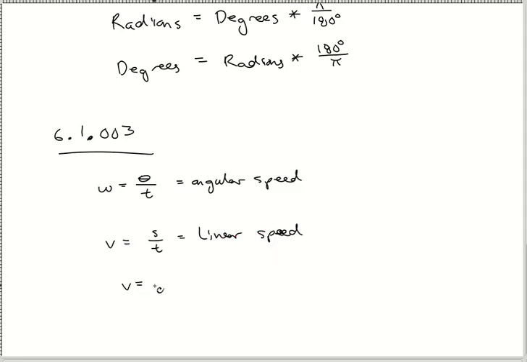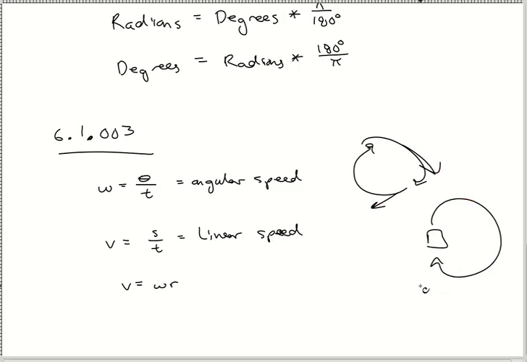And v equals omega r. All right, what's going on? Angular speed is how fast you're going around a circle. Linear speed is how fast you're going at any moment, kind of like the speedometer. Imagine you're in a car doing donuts in the parking lot, hopefully not, but you get the idea.